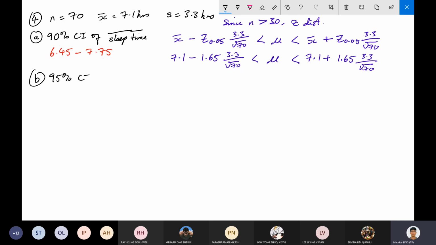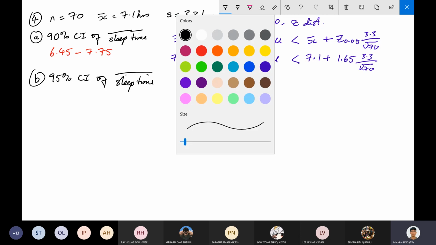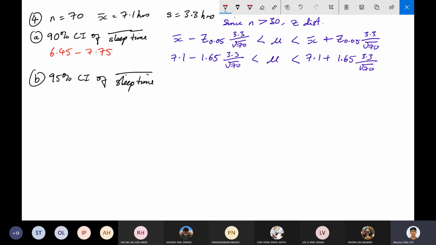B is the 95% confidence interval of the average sleep time. Lawrence? For B it is 6.33 to 7.87. Right.